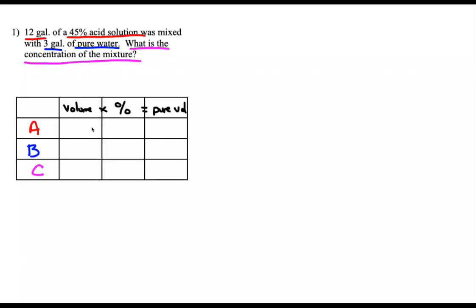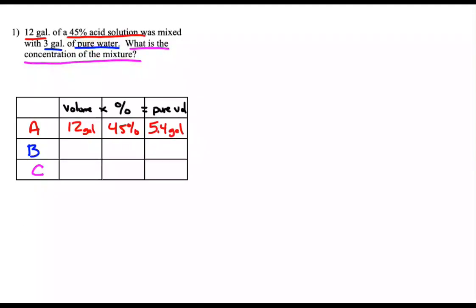And so for A, we know we have 12 gallons of 45%. If we multiply these, volume times percentage, 45% of 12 would be 5.4 gallons. So essentially, A has 5.4 gallons of pure acid in it.